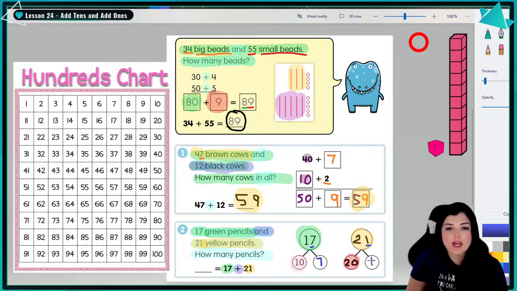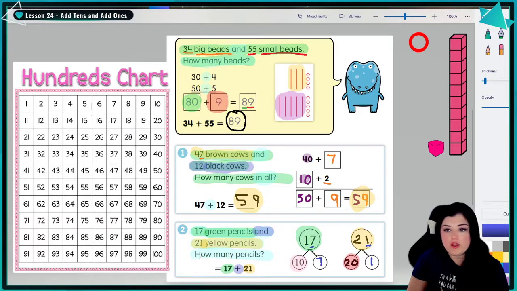Then I need to add my tens together. So if I have 20 and I want to add one more group, I'm going to add one more to 20 because that's 10 plus 10. 20 plus 10 is 30, just like here. We have 2 groups of 10 plus one more group of 10, which is 3 groups of 10, which makes the number 30.